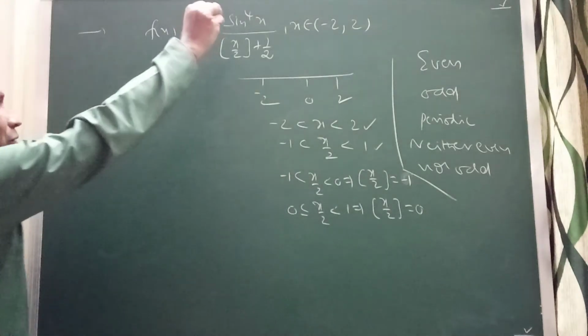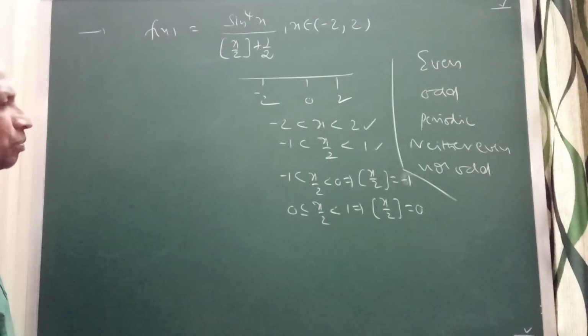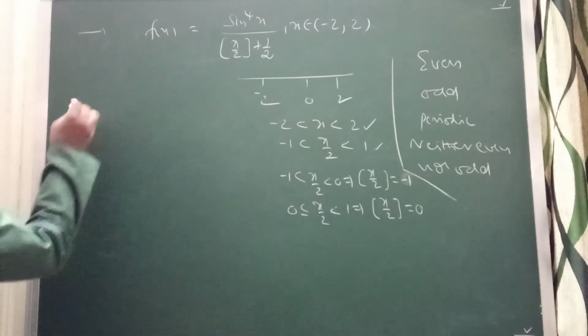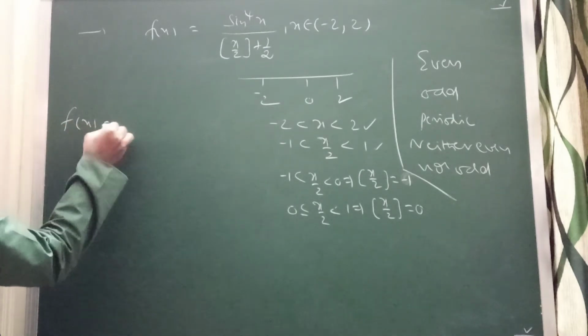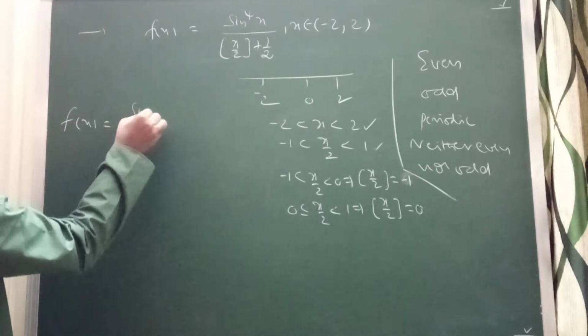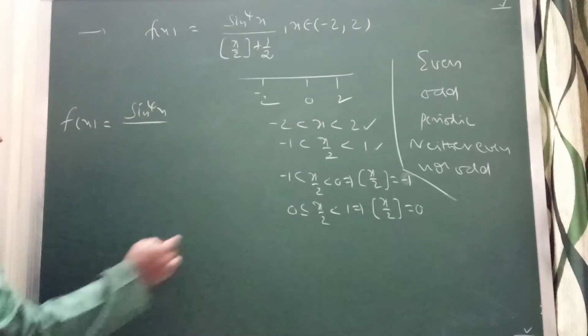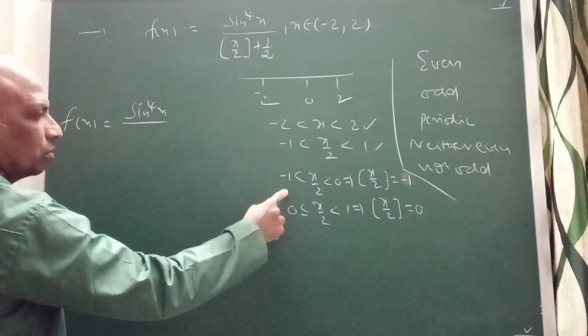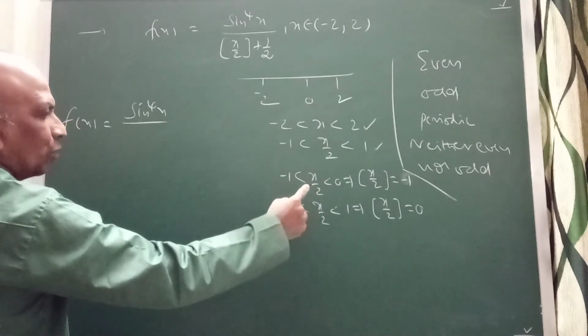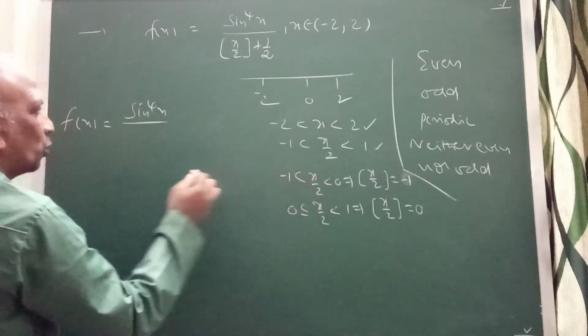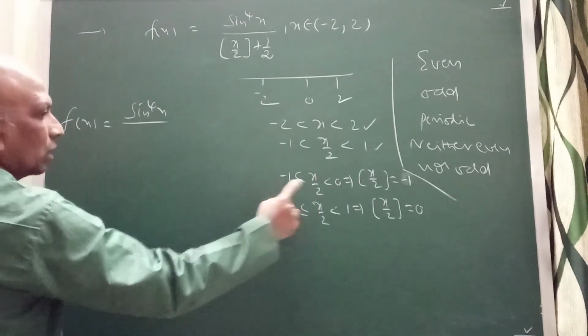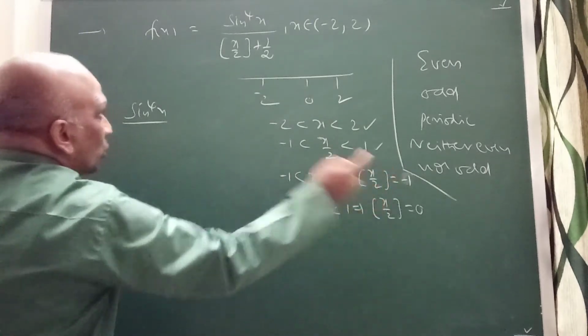Now you think, if I take the function f of x, at these values you can check what will happen. f of x equals sin power 4x by, if I take this case, minus 1 to 0, that means x lies between minus 2 to 0. In this case, the step of x by 2 is minus 1.